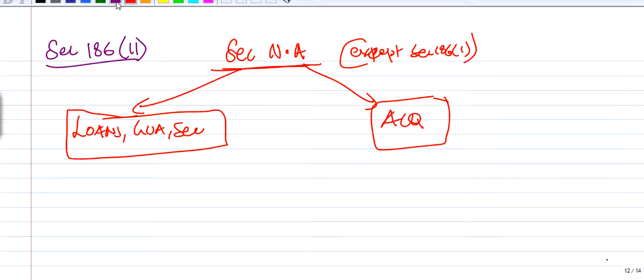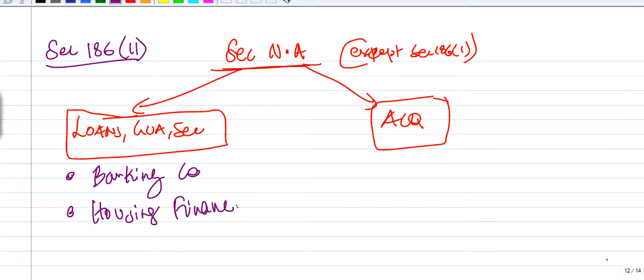We'll see that for loans and guarantees and securities, the section is not applicable for the banking company. Banking company, of course, their business is only doing that. So section 186 is not applicable for the housing finance company, insurance company.